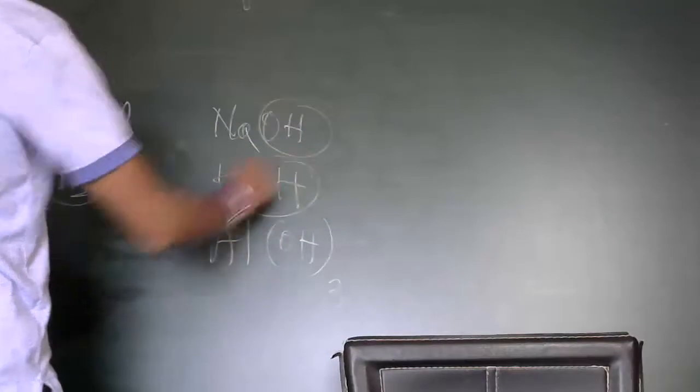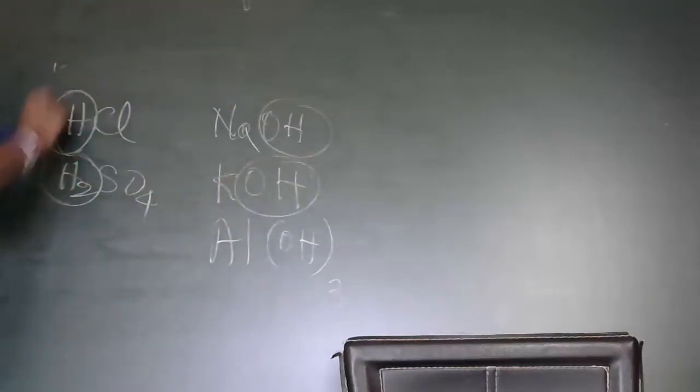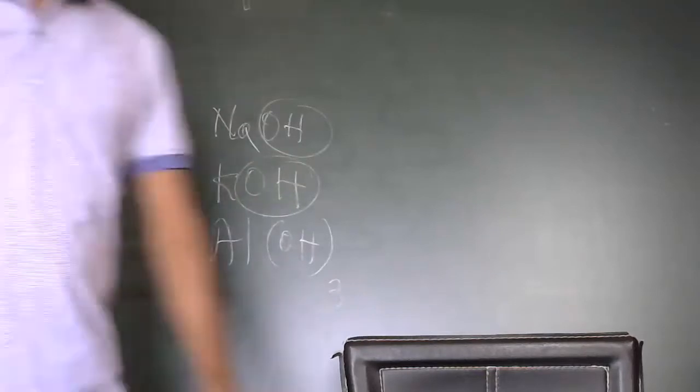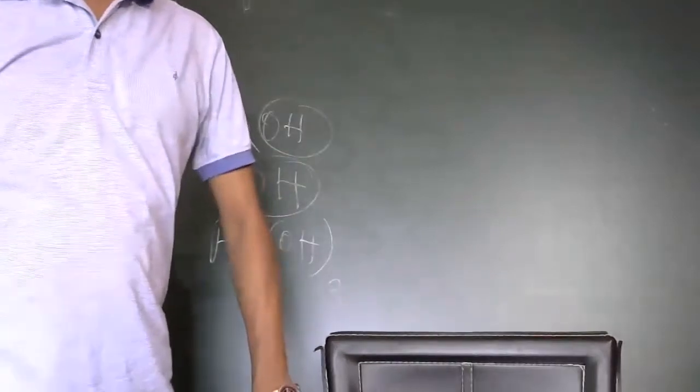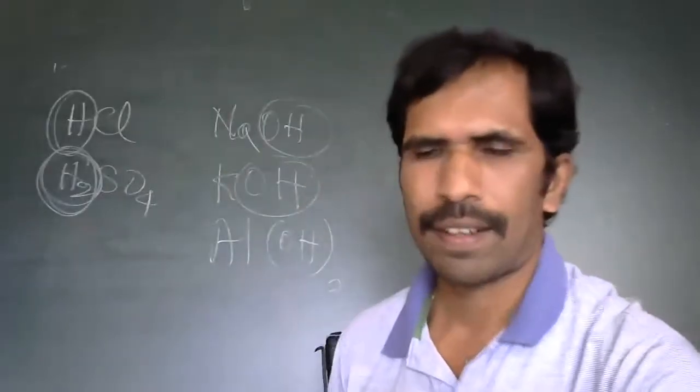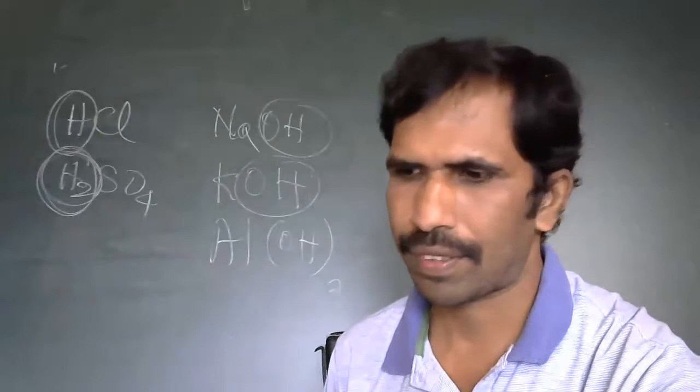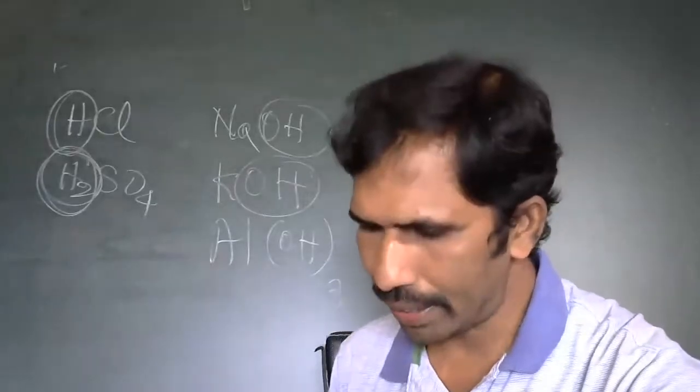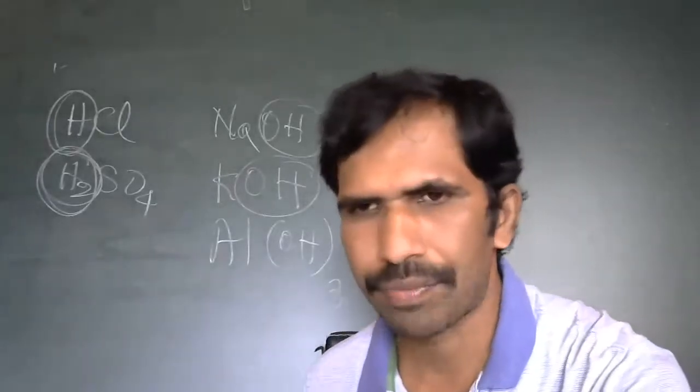Acids have hydrogen. This is common in acids and bases. I told you acids and bases are both good conductors of electricity. So there is one more activity, activity number 2.8.